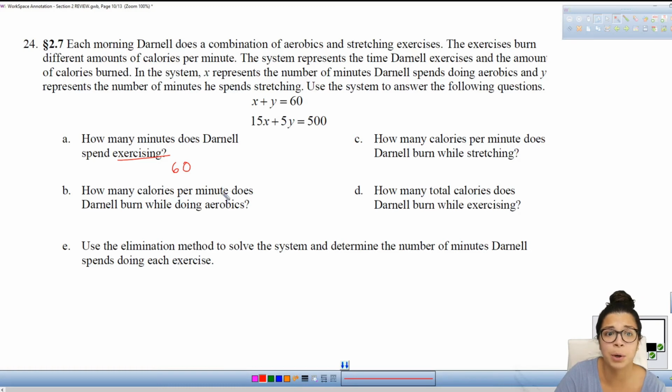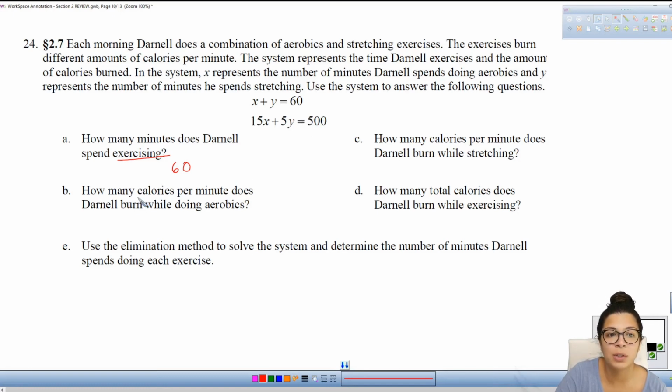How many calories per minute does Darnell burn? Well, we're multiplying, right? How many calories burning per minute of aerobics is X, and then multiplying the number of calories per minute of stretching, and that equals the total calories that he burned.